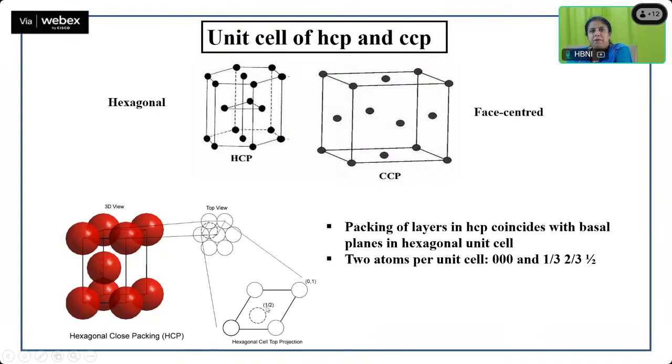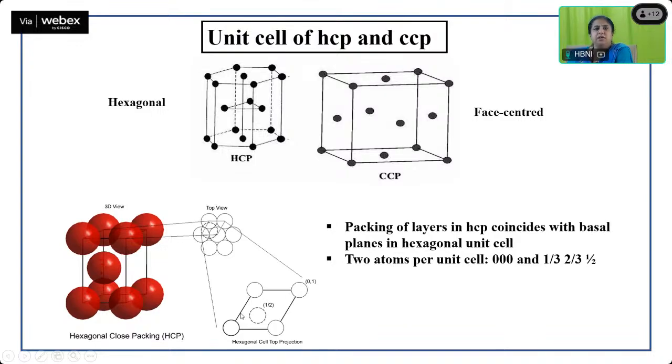So it cannot occupy a middle position in this bottom plane. It is somewhere here, and now I will tell you that it makes an intercept. If you join this, it is 1 by 3 here and 2 by 3 here.